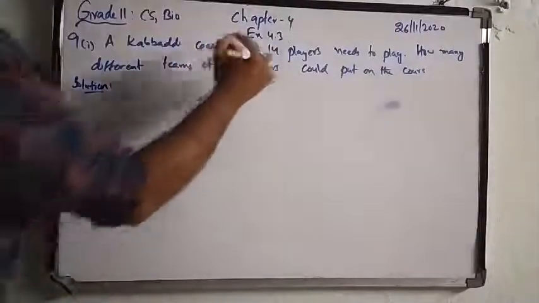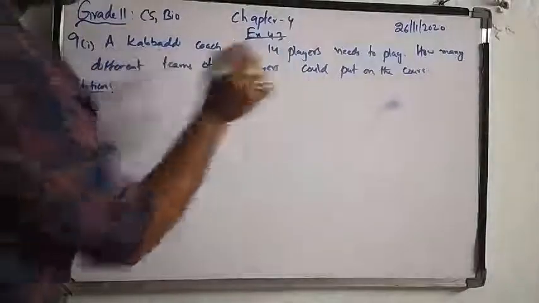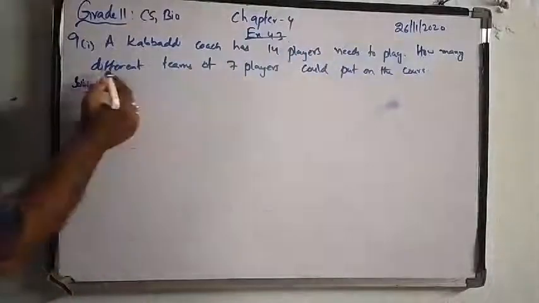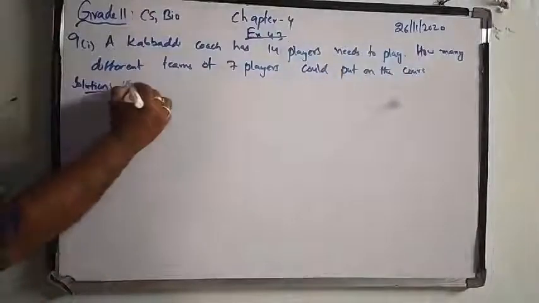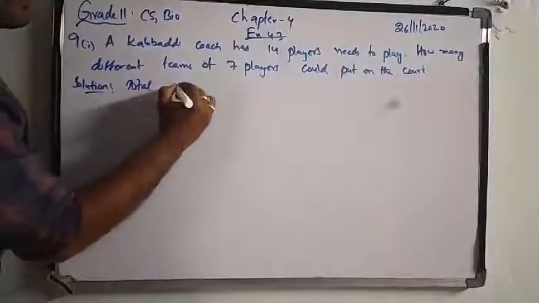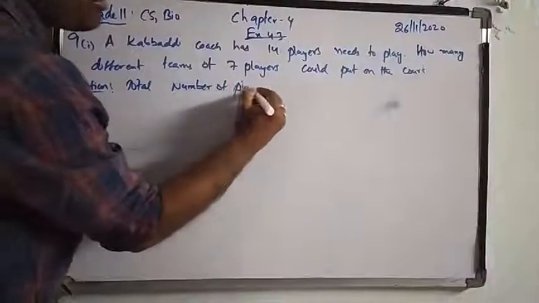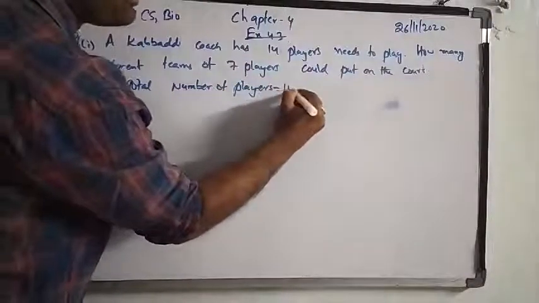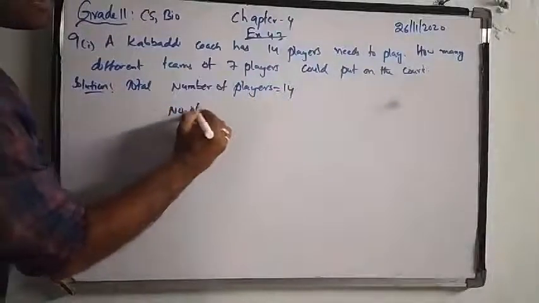Let us see the first question. A kabaddi coach has 14 players needed to play. How many different teams of 7 players could be put on the court? So the total number of players is 14.